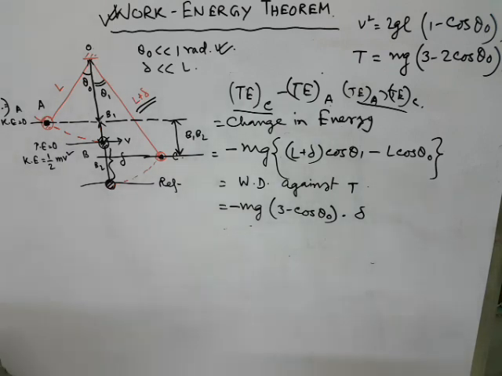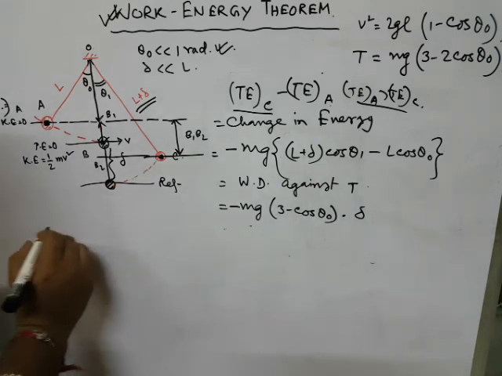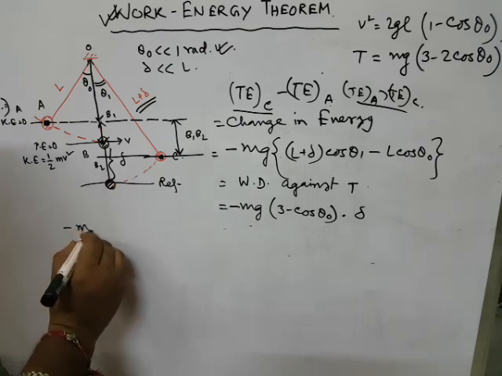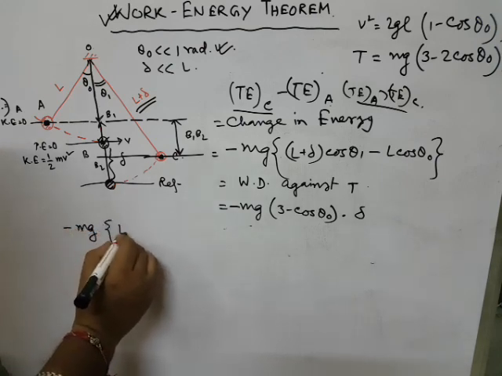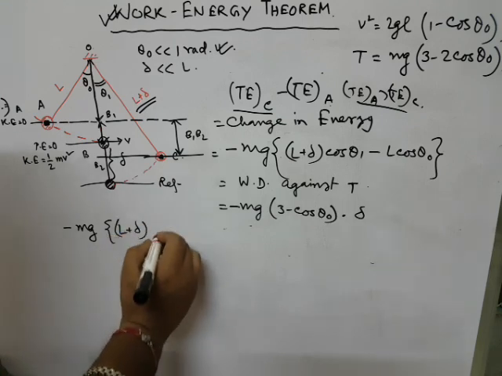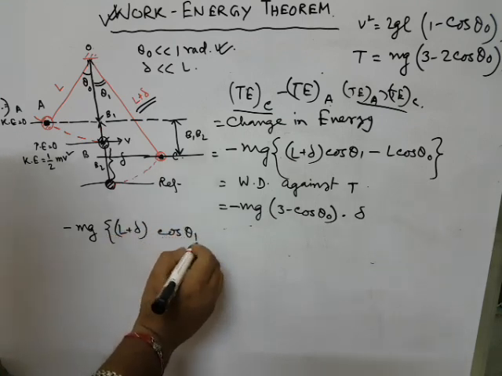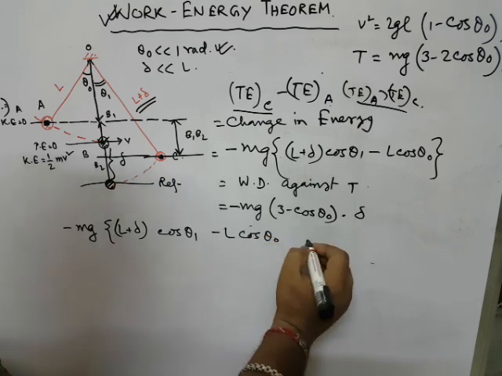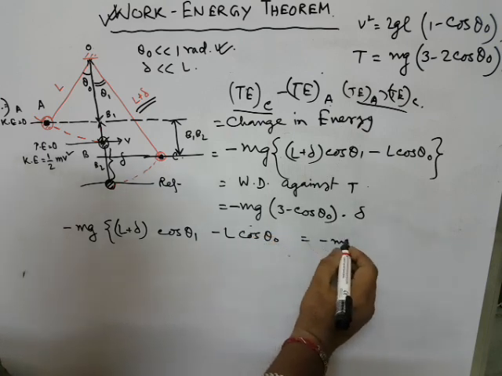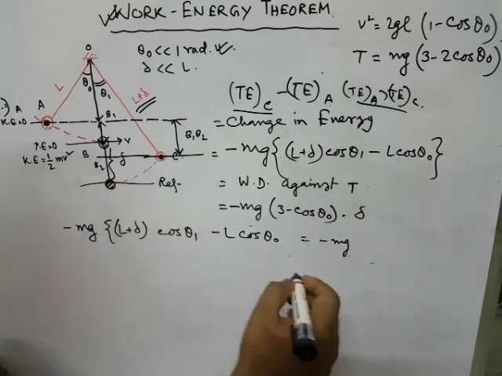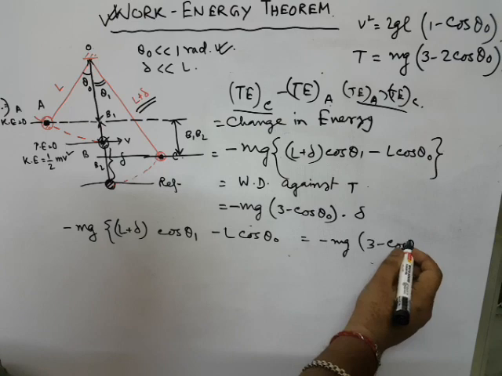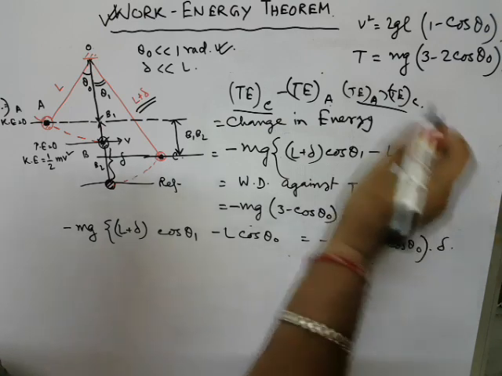So let's write it: minus mg [(L plus delta) cos theta 1 minus L cos theta 0] is equal to minus mg (3 minus 2 cos theta 0) into delta.